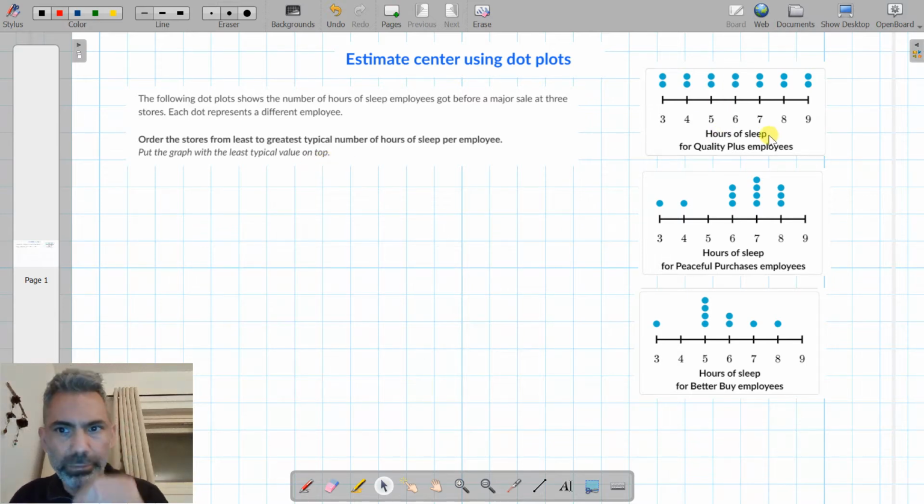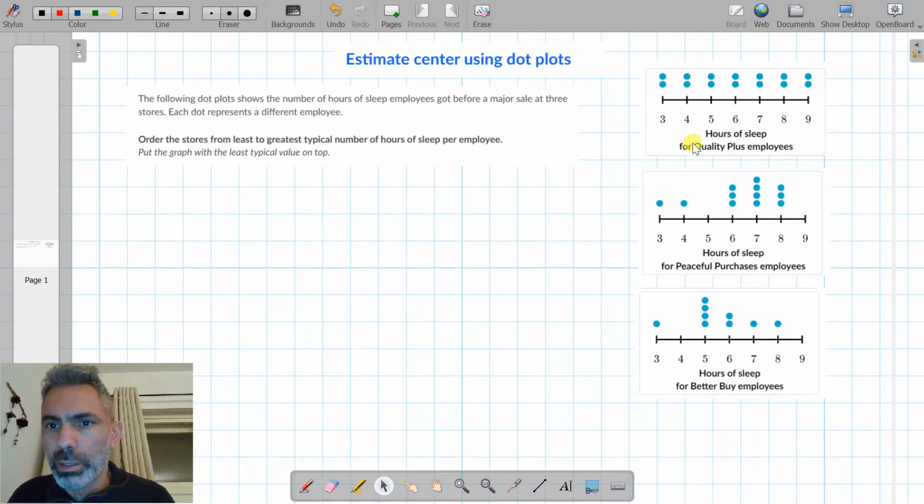Okay, so we have here three dot plots, one for each store, and each dot on each of the graphs represents an employee, and the scale is the number of hours of sleep.